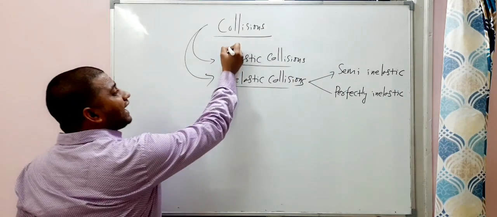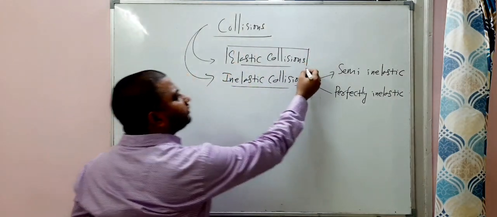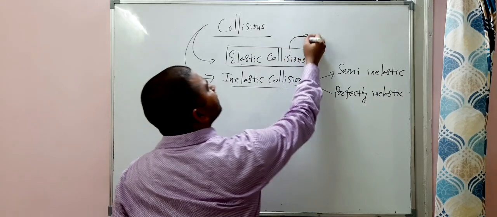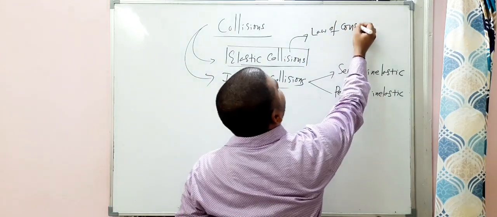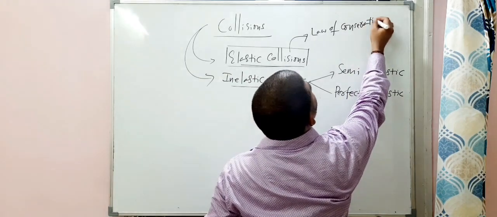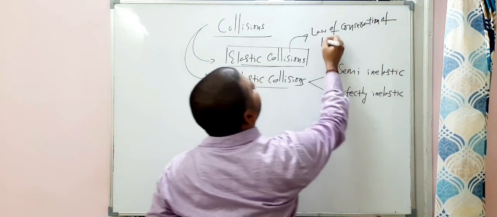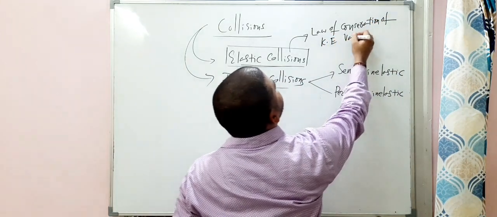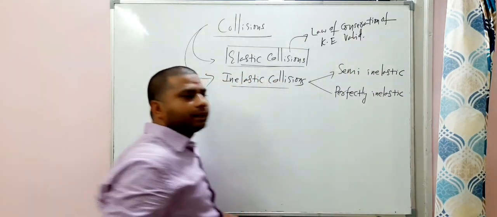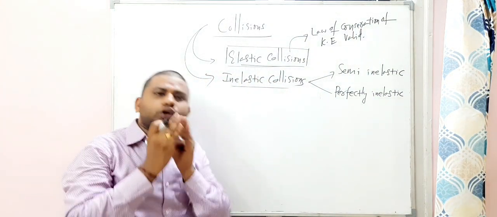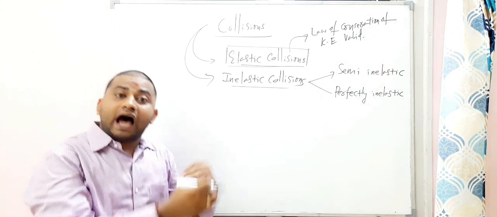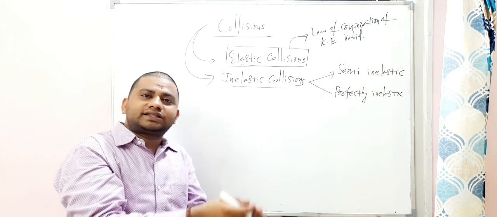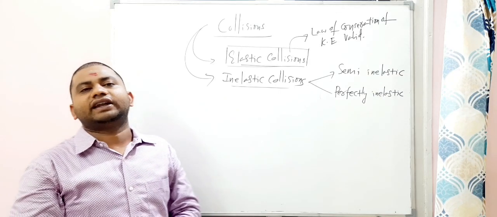In elastic collisions, the law of conservation of kinetic energy is valid. That means before the collision, the system possesses some kinetic energy, and after the collision also, the system possesses the same amount of kinetic energy.